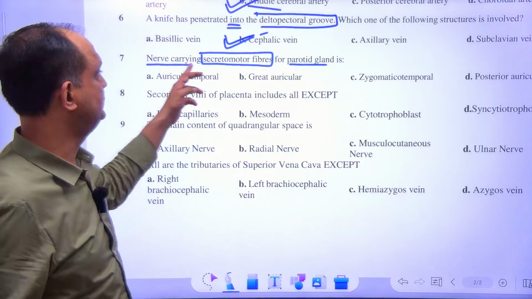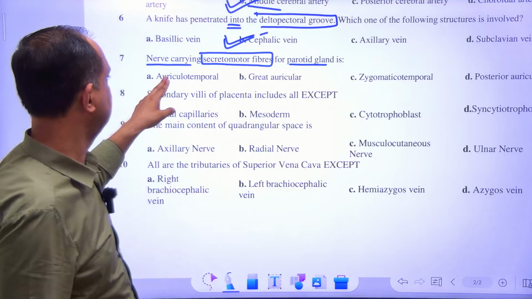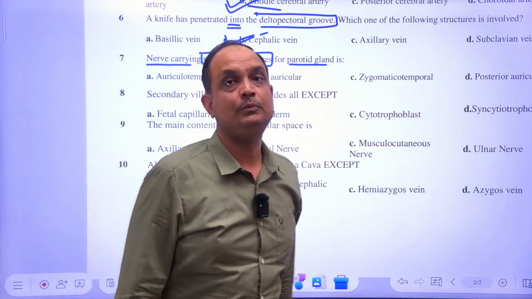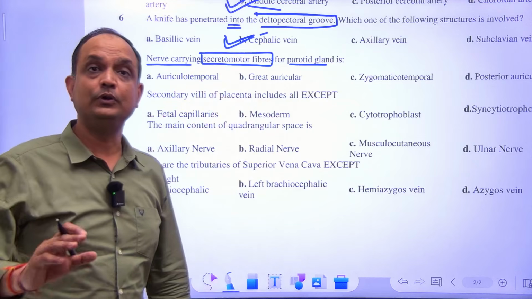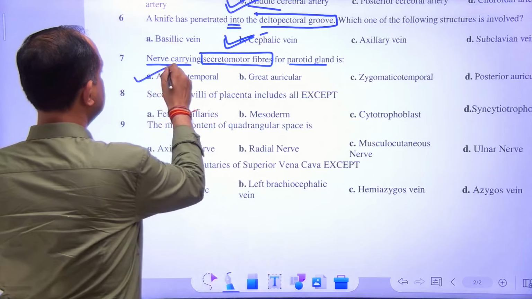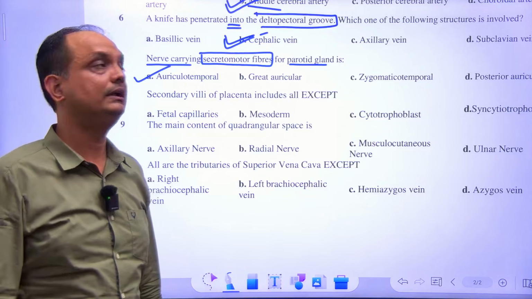But in this question there is no pre or post ganglionic distinction. The options are auriculotemporal nerve, great auricular, zygomaticotemporal, posterior auricular. All four are postganglionic nerves, so which is the postganglionic nerve? The answer is auriculotemporal, which supplies the parotid gland.